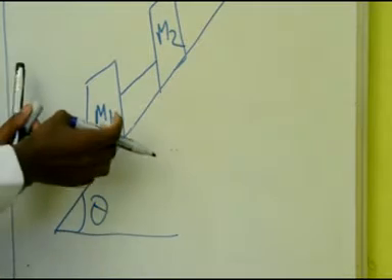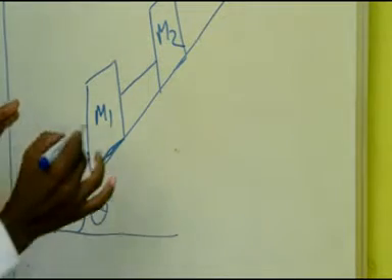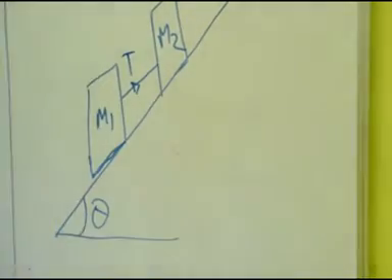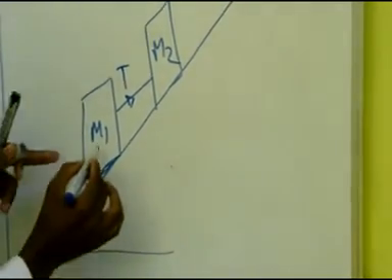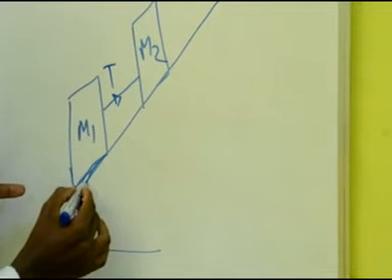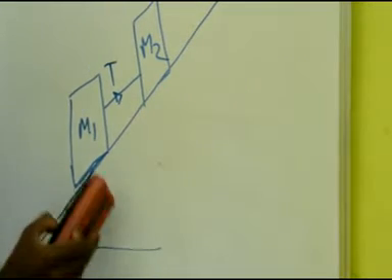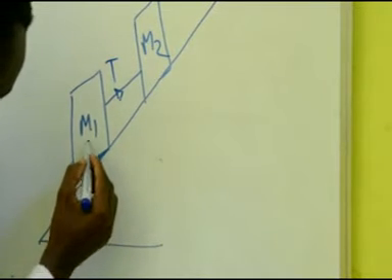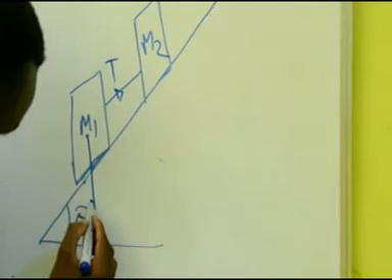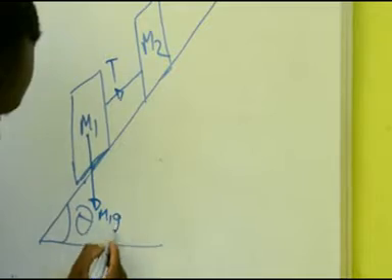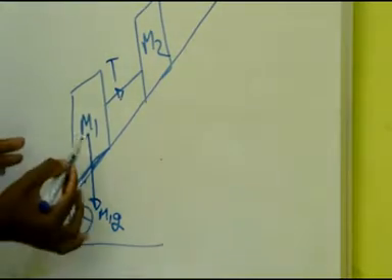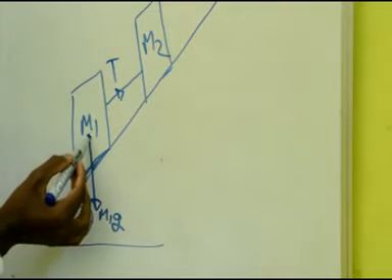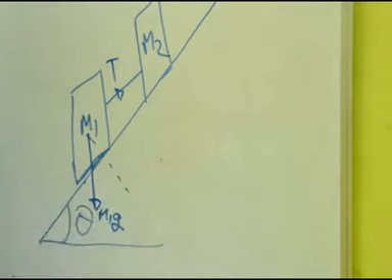Now the forces acting on mass 1 are the tension force T due to this string, and its weight M1 times G acting at an angle theta about the vertical.